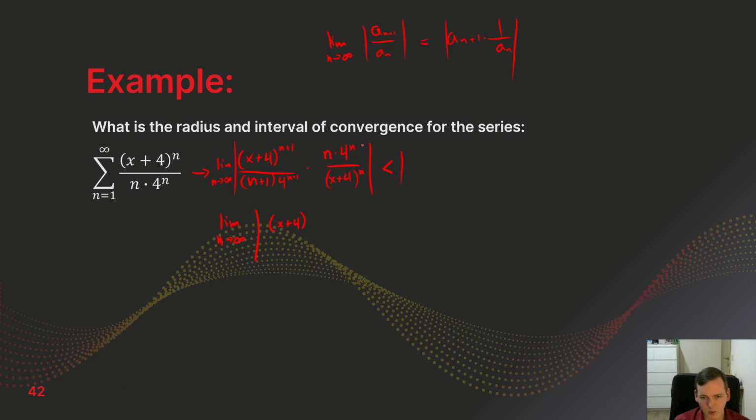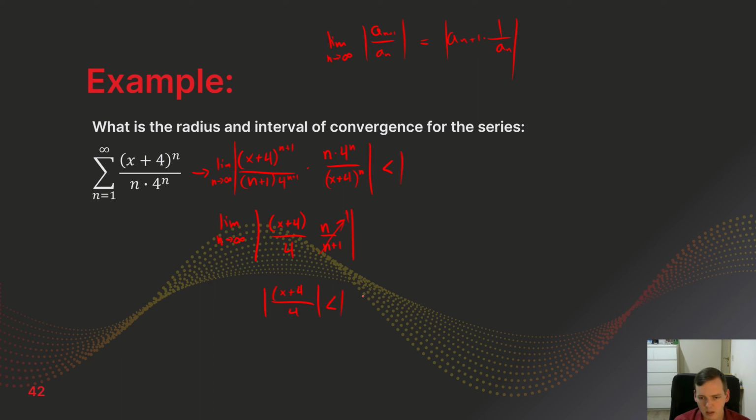There's one more 4 on the bottom than there is on the top, so it's going to be divided by 4. And then we're also going to have n over n plus 1. Well, as n goes to infinity, that basically ends up going to 1. So we have that the absolute value of x plus 4 over 4 has to be less than 1.